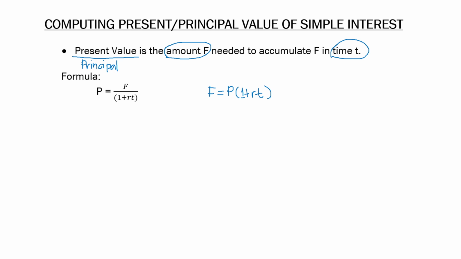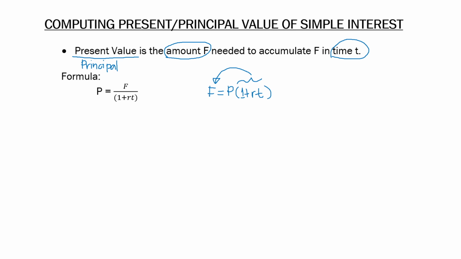So kining quantity of 1 plus RT gi-multiply man siya sa P, so atong ibalhin dari sa pikas. So from multiplication mahimo siyang division.